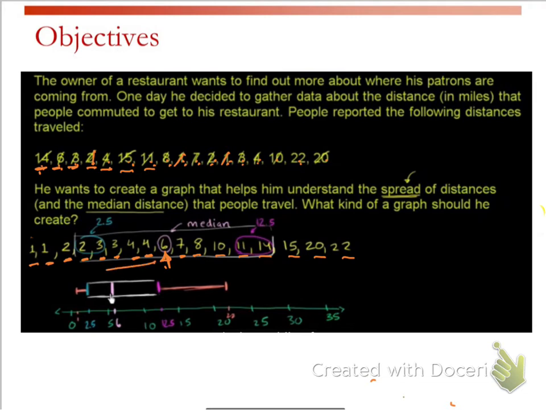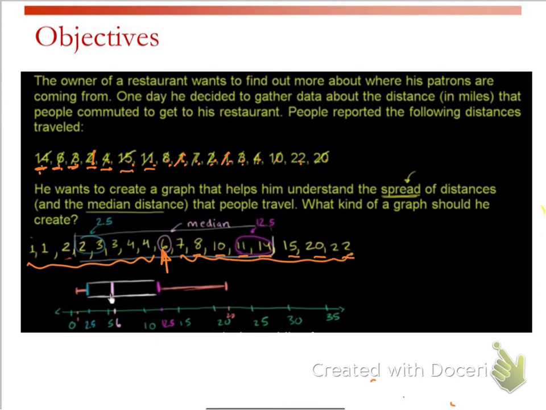So I'll count the numbers before the median. How many numbers? 8. If I want to split them to get the median of the first part, which is on the left side of the median, I also get the median of the side on the right of the median.